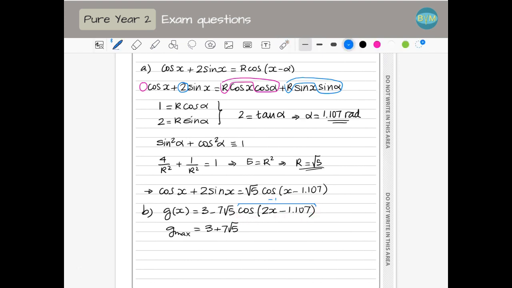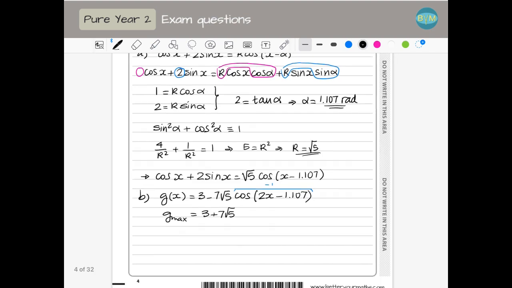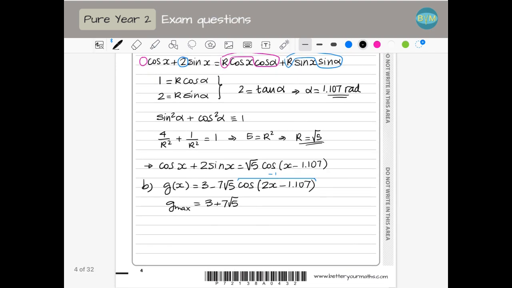So I have to do cos(2x minus 1.107) must be minus 1, which means in radians that the angle 2x minus 1.107 is going to be pi, when cos pi is minus 1.